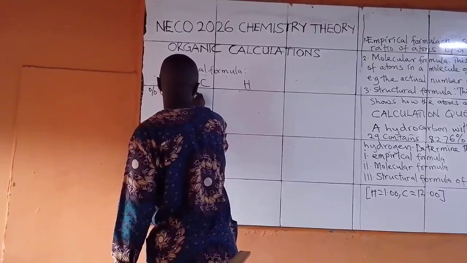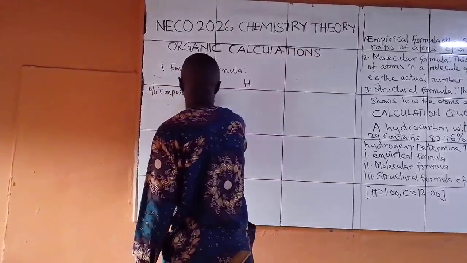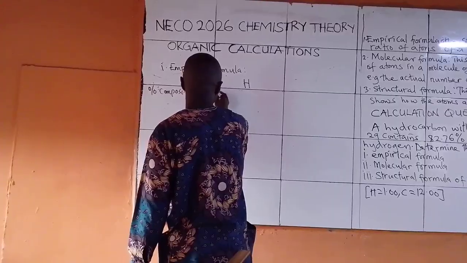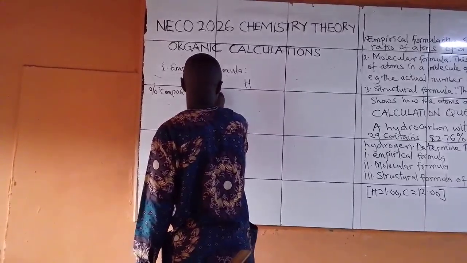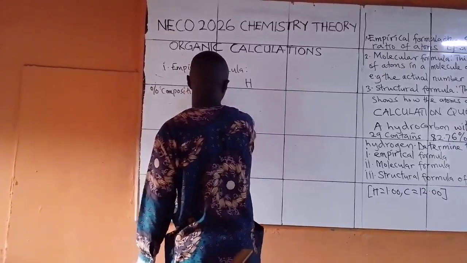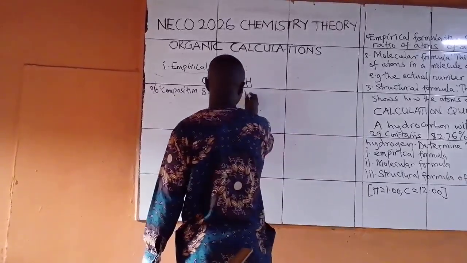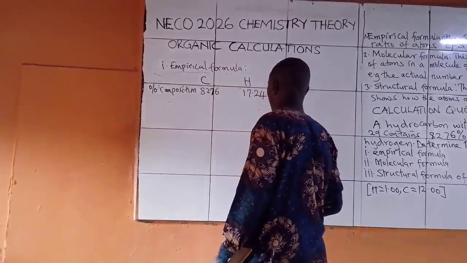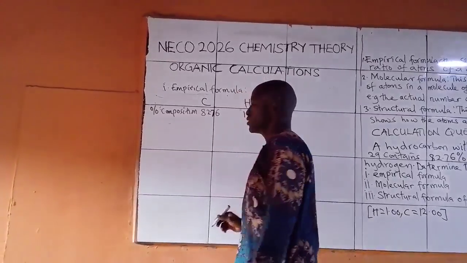For carbon it is 82.76%, while for hydrogen it is 17.24%.